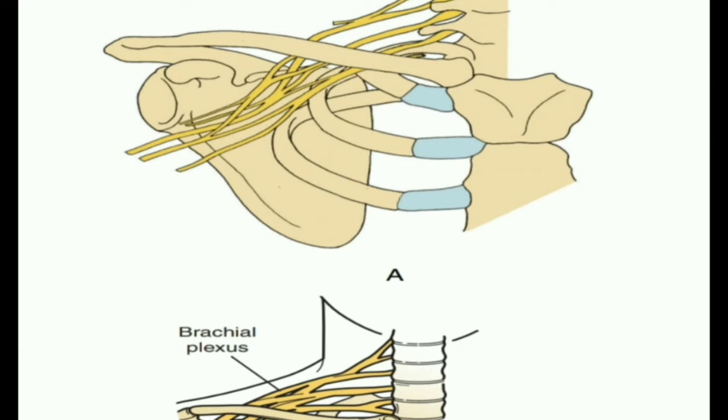But the saddle shape is very minimal here, so we cannot call it a saddle joint. That is why we take it as a plain synovial joint. The plain synovial joint is a triaxial joint. Therefore it has 3 degrees of freedom. That is 3 rotatory degrees and 3 translatory degrees.